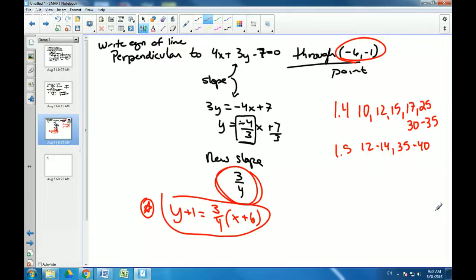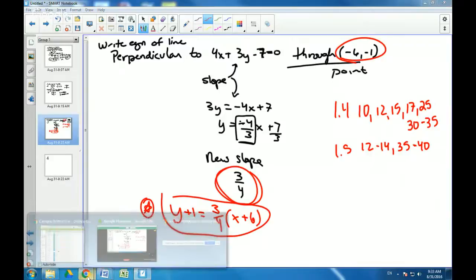I want that color. They're really good. Bye.